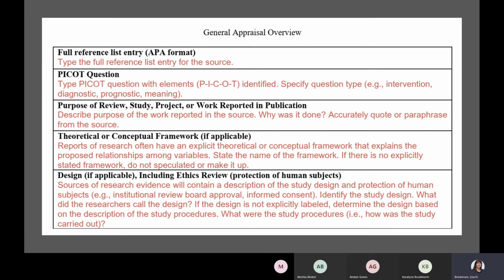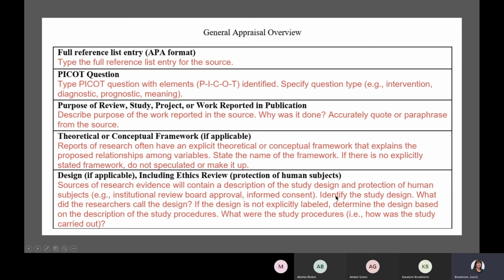At a minimum, most reports of studies are going to mention that the study was approved or reviewed by an institutional review board or a human subjects committee or an ethics committee. So you just want to mention that that happened, because that lends to the credibility of the study if it was approved, and you can then be confident that human subjects were not mistreated in that study.